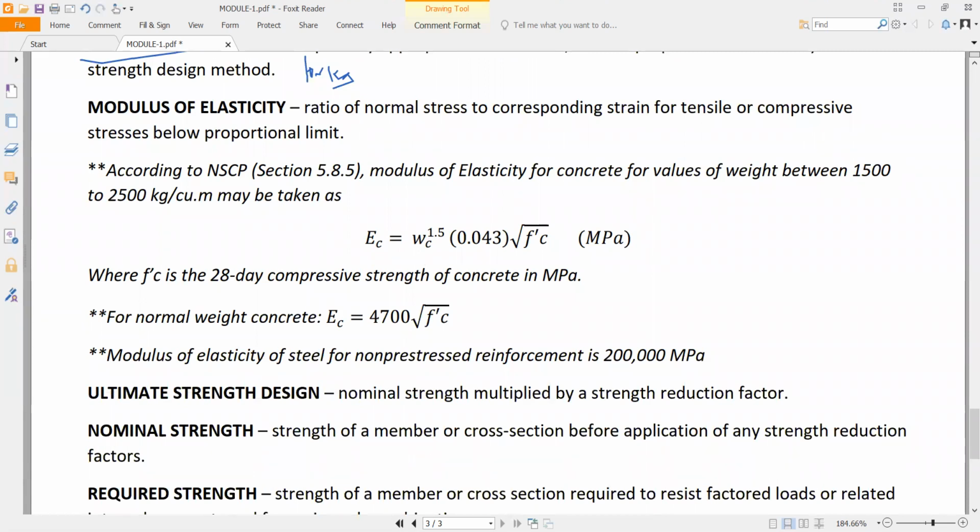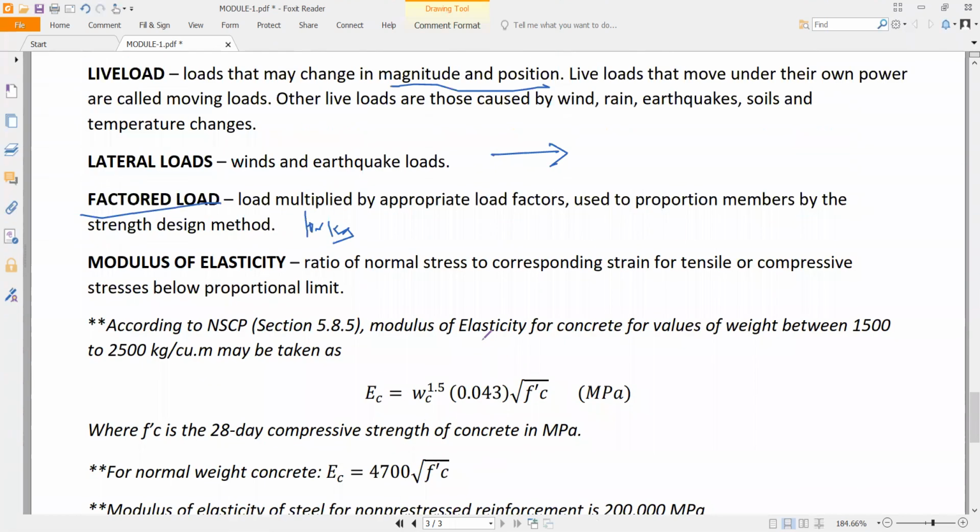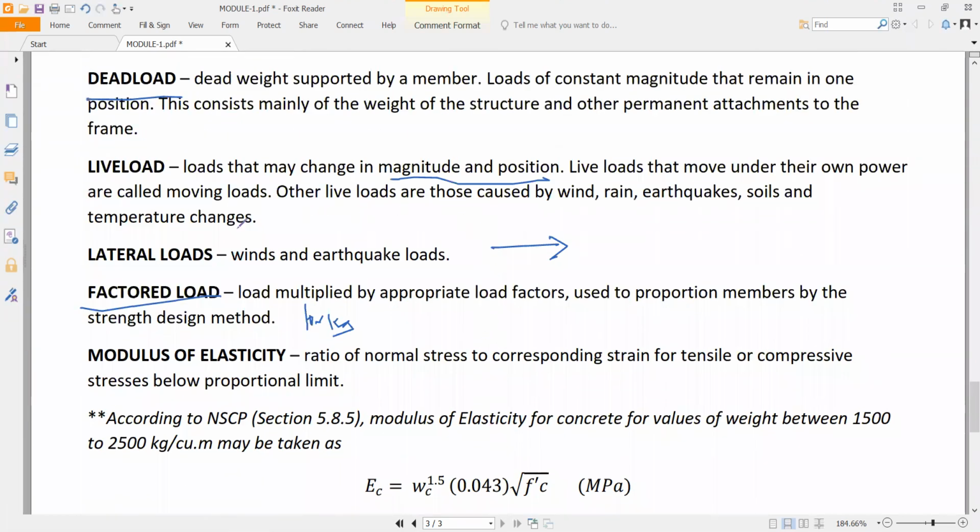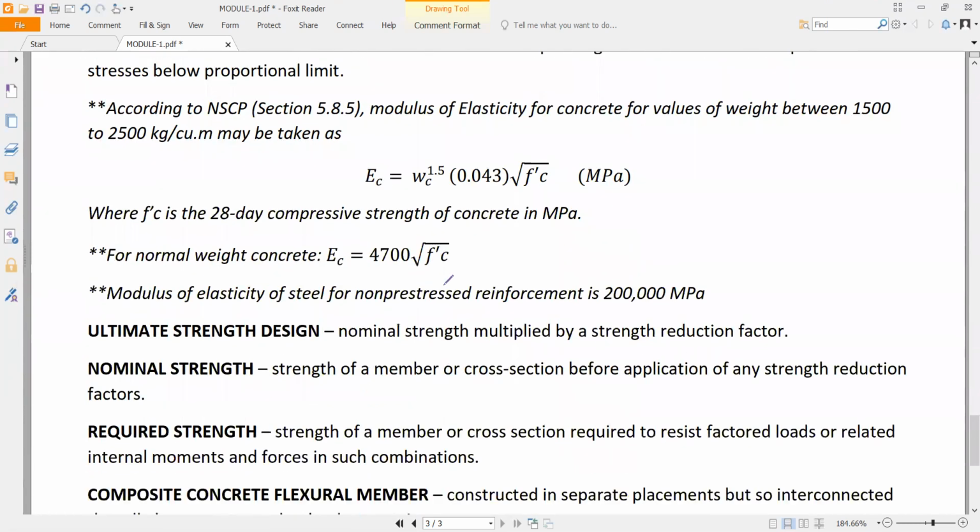But for reinforcements or metal, usually we use 200,000 megapascals as a modulus of elasticity. Okay. I forgot to, kapag live load pala natin, when it is moving at own power, like your cars, that is already, it is a live load, but it is more often called as moving loads.